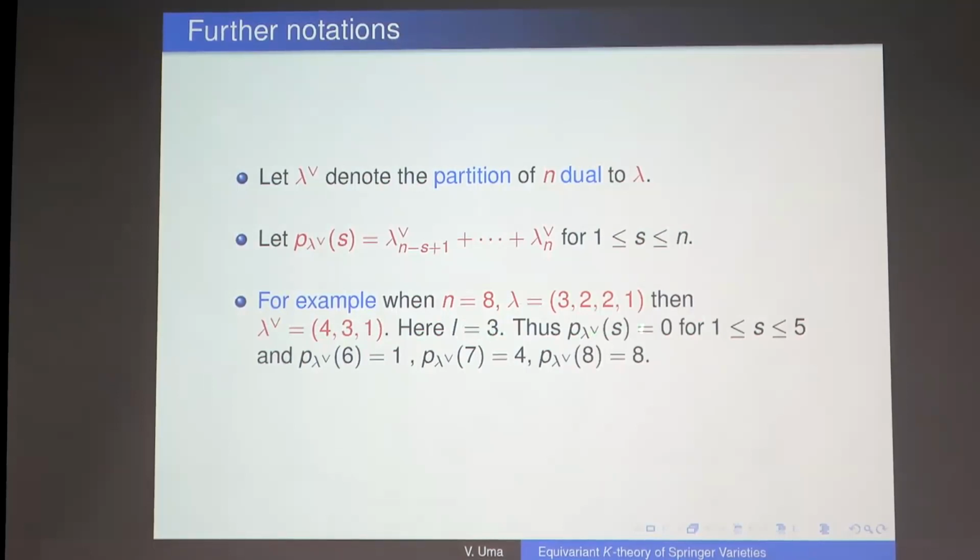So p_lambda check of s is 0 for s from 1 to 5, because the sums start from n minus s plus 1 and there are no terms from l plus 1 onward. If the maximum is l, because we have put them as 0, then p_lambda check of 6 starts to be 1, then 3 plus 1 is 4, and then 8, the total number, and it stops there. So this varies between 0 and 8 in this way. These numbers are going to be important because they appear in the relations in the cohomology ring.